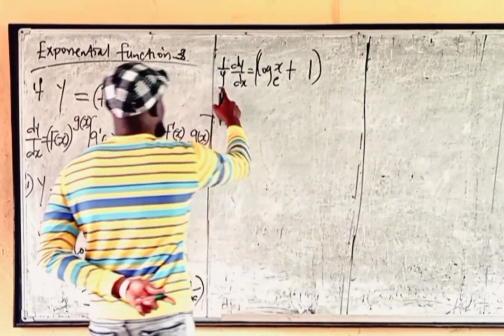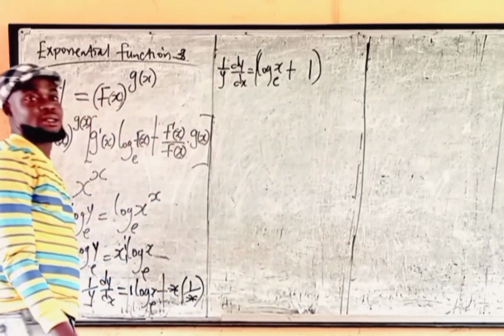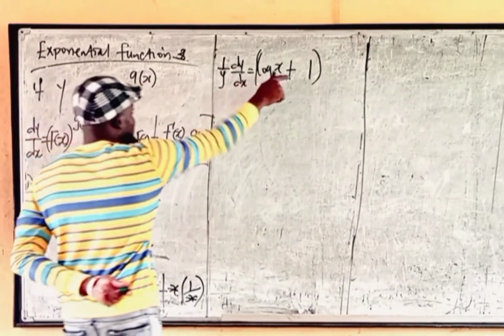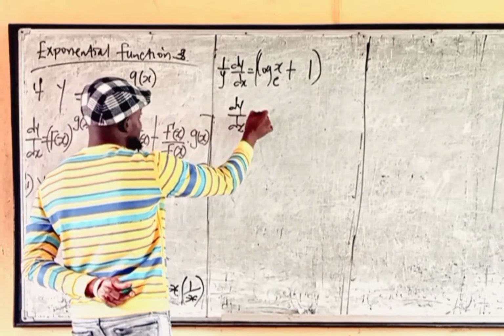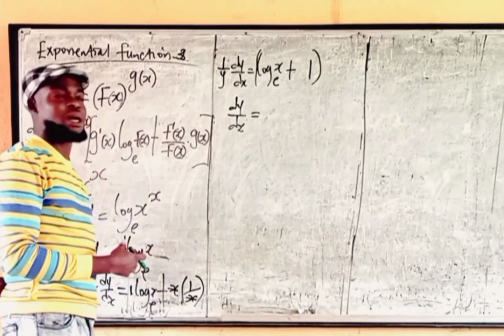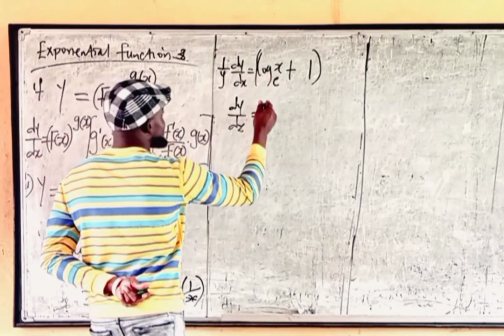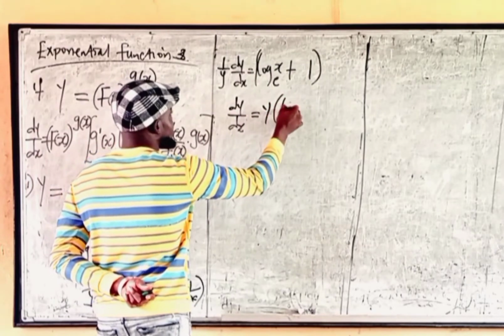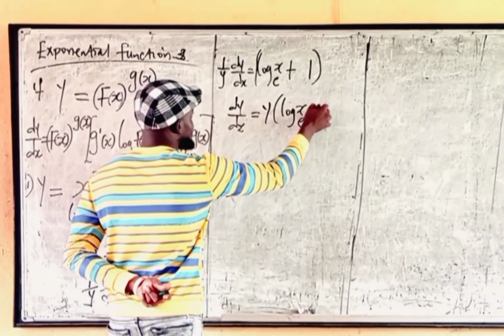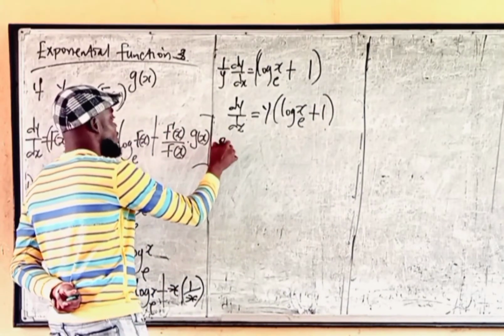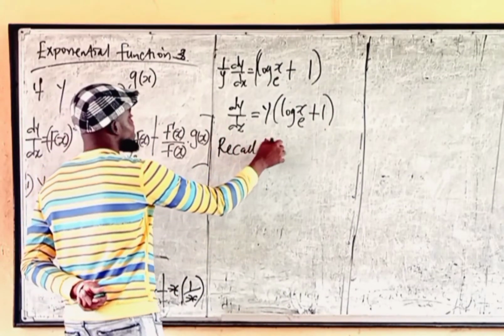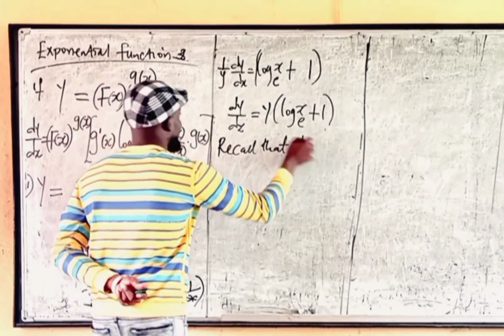So next, we're going to multiply y to the other side, so that the dy over dx will be free. That's like making dy over dx the subject of the formula. So dy over dx is equal to y times this, we have y times log x to base e plus 1. Remember, what is y?